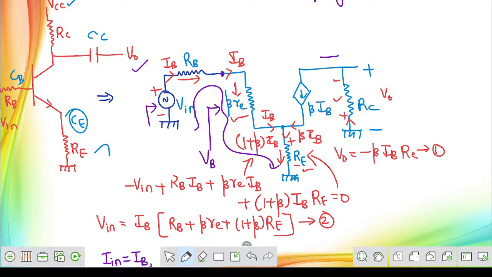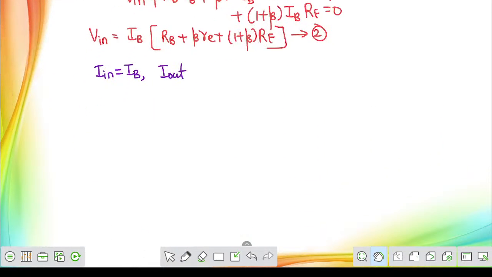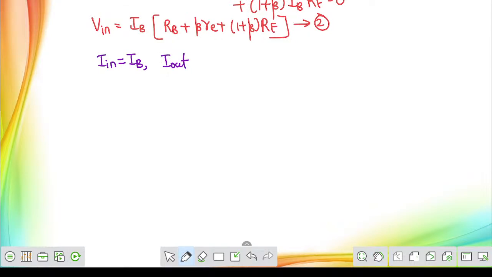So output current is the one which will be coming out of the circuit, whereas here the actual current is going inside the circuit. So the output current is in the opposite direction to the current that is originally flowing into the network. So from this, the output current is equal to minus collector current IC, or I can say minus beta times of base current IB. There is no change in this, sir.